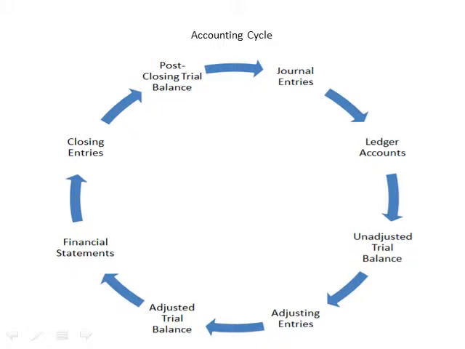We get to a post-closing trial balance, and then we start our cycle again with journal entries as a result of having processed multiple transactions. And so the accounting information system is really designed to facilitate the completion of this accounting cycle.